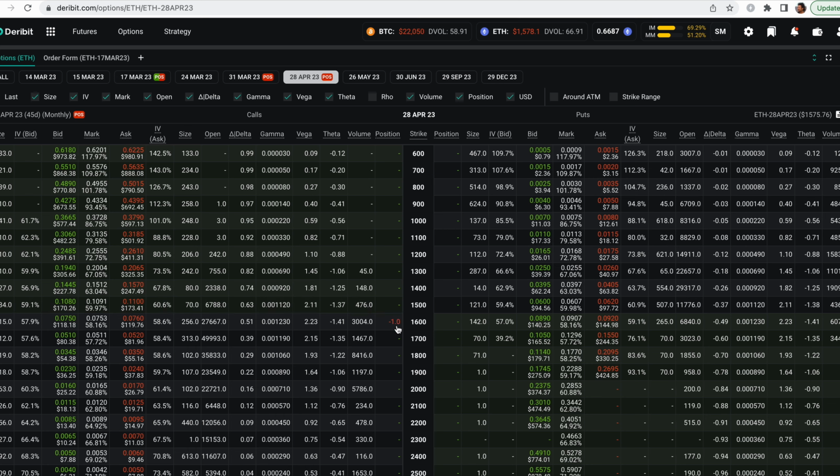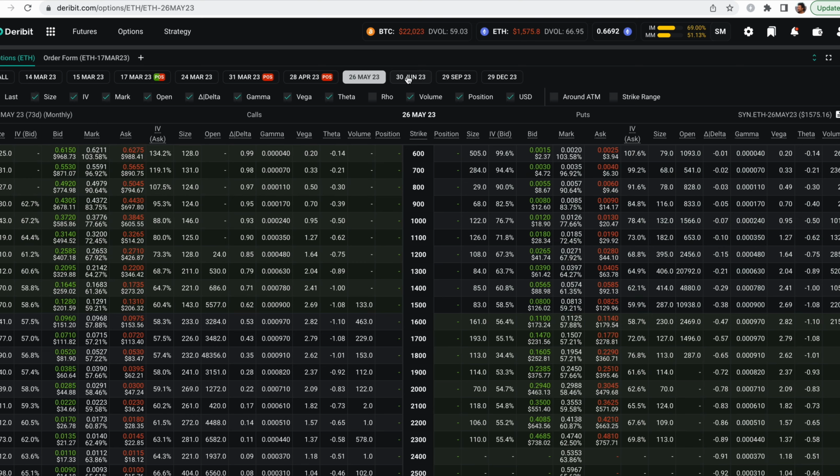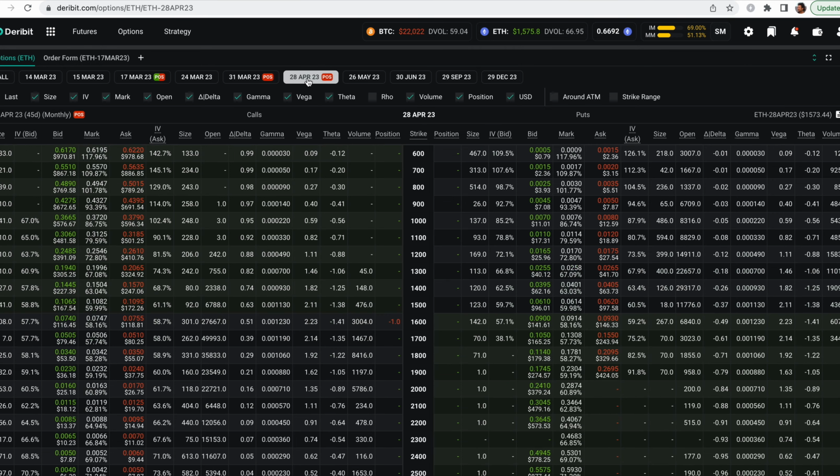In fact, a few minutes ago it was a little bit above 1600, and most probably I will get into trouble with this contract, and I will need to adjust this trade, like buying back the contract and most probably selling a higher strike price with a further out expiry date, like May or June. But I still have some time and I'm not yet adjusting the strike price.